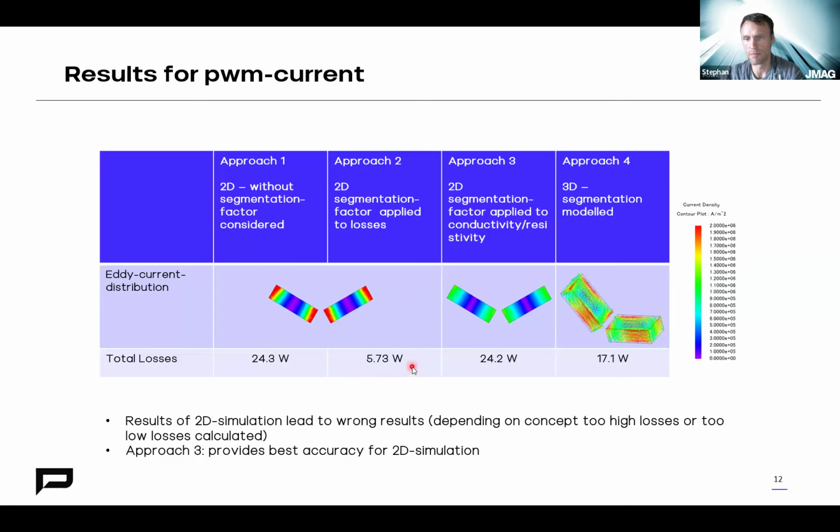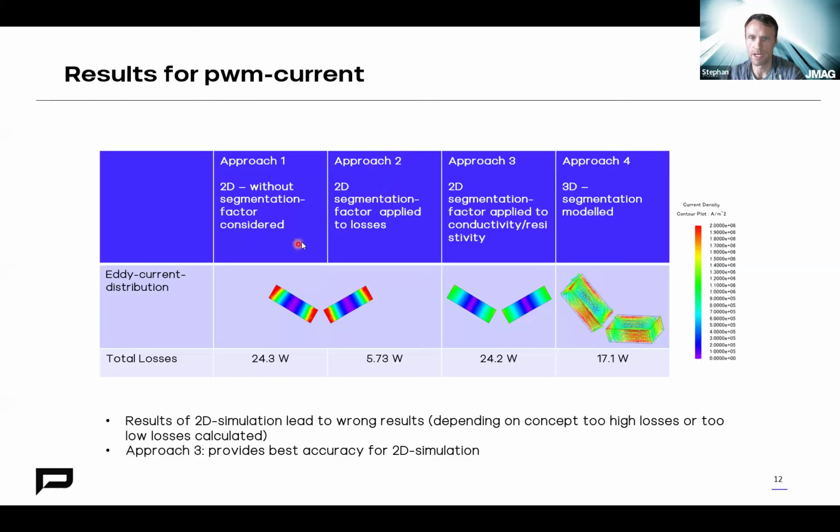And this is mainly because for the PWM case, we have lots of eddy current components with high frequency, and this cannot be represented well with approach 2, because of the inductive and ohmic components which are limiting the eddy current of the magnet.